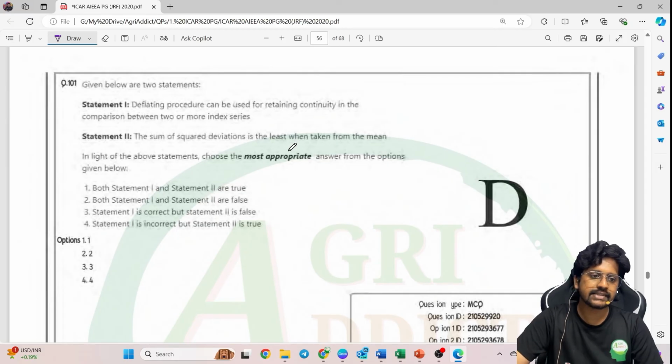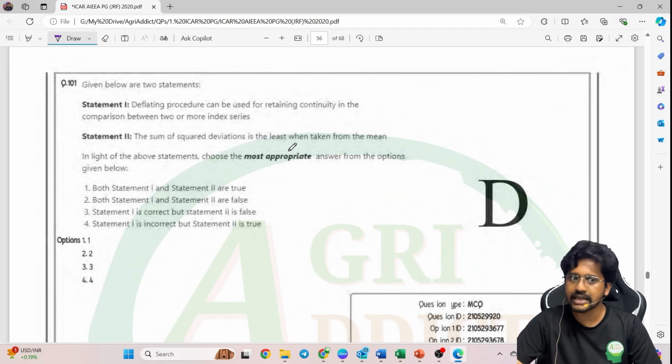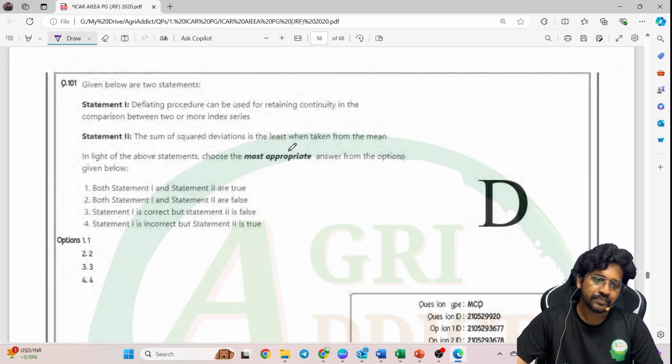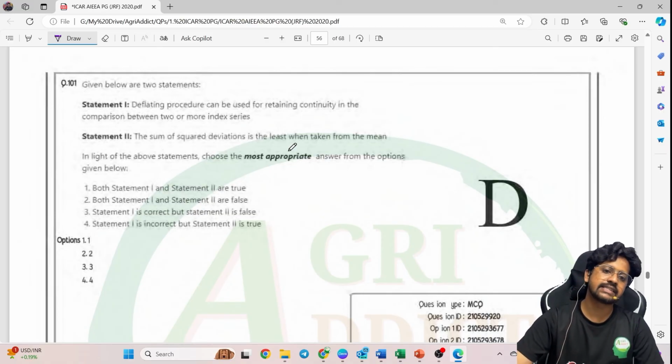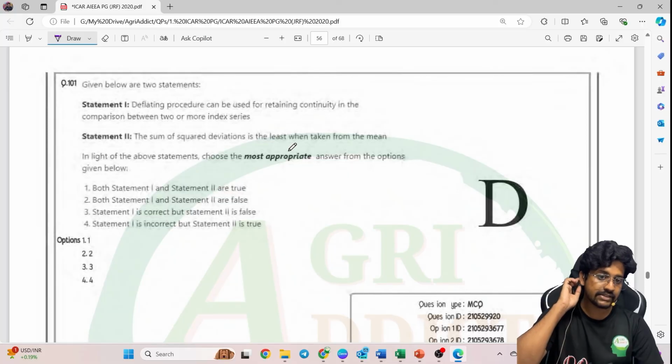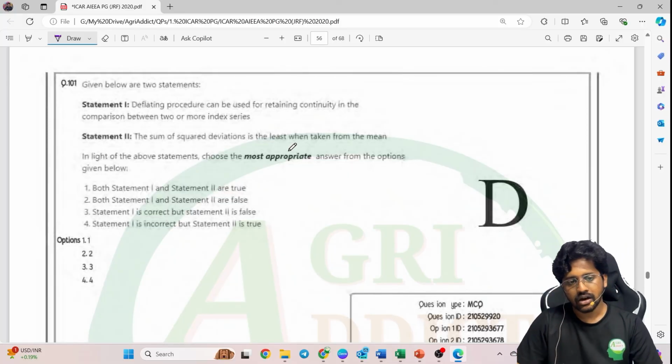The next question is statement 1, deflating procedure. Deflating procedure can be used for retaining continuity in the comparison between two or more index series, which is coming from the statistics question, and it's factually an error. And statement 2, the sum of squared deviations is the least when taken from the mean, which is actually a property of the central tendency, the arithmetic mean, right?